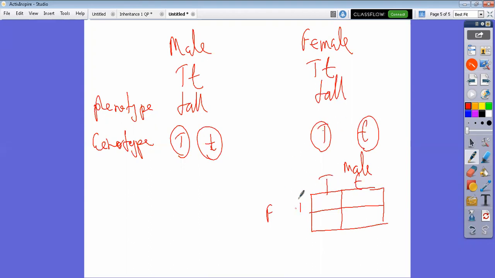TT produces two capital letter T's, and T with small t produces T and small t, heterozygous. Then the small t with T produces a T and a t. And lastly, small t, small t. Do we agree? These are the combinations, the offspring genotypes.